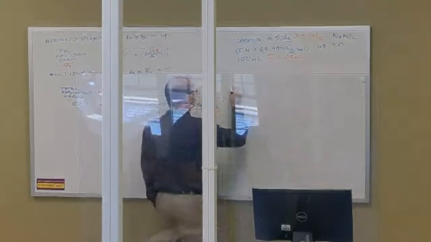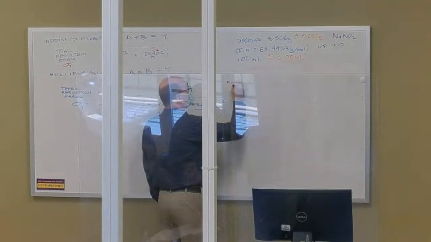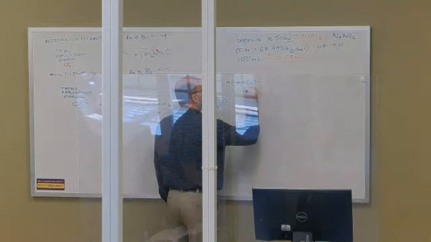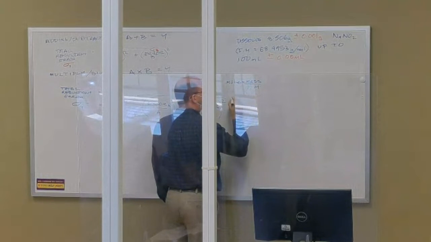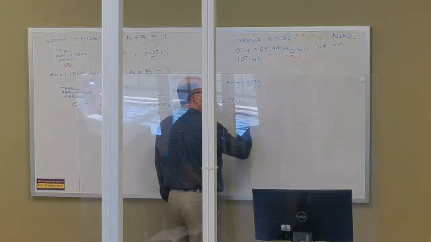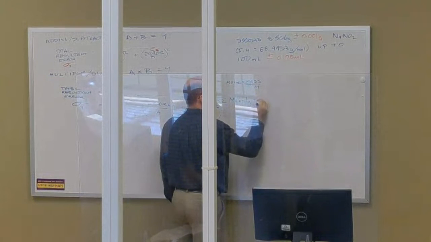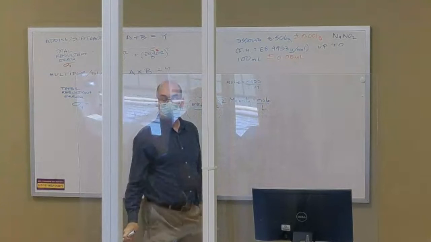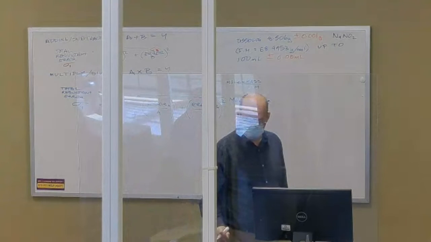Here's what I know from general chemistry. That moles is mass divided by formula mass, and that molarity is moles per liter. Ooh. Okay.